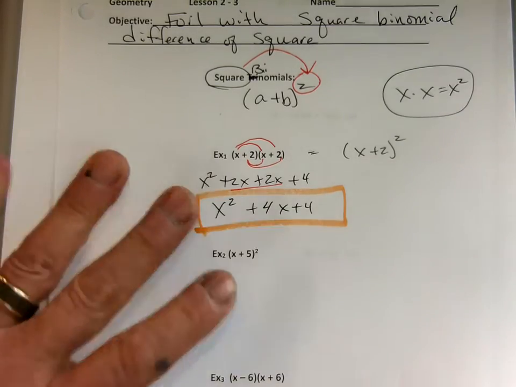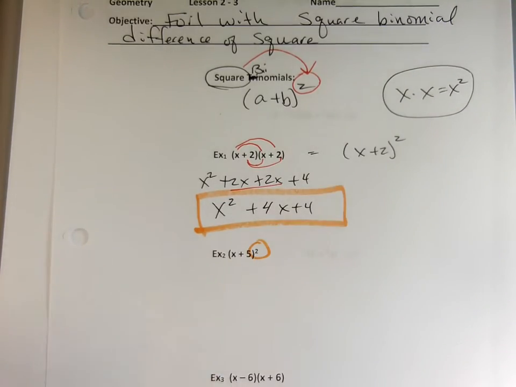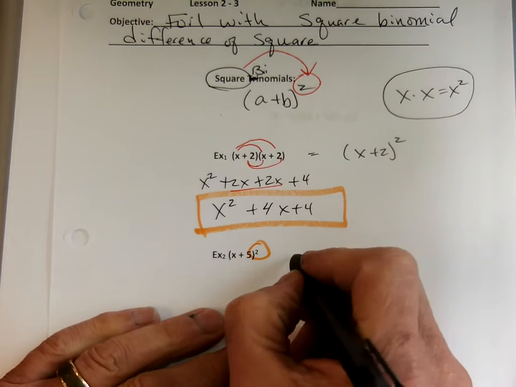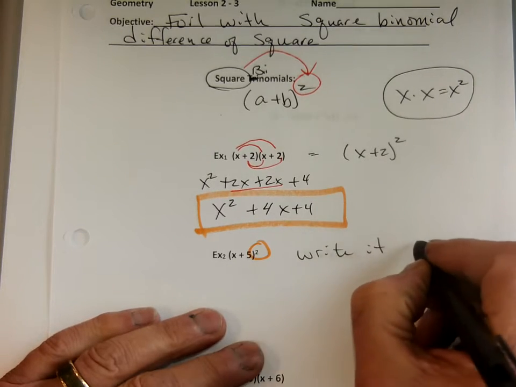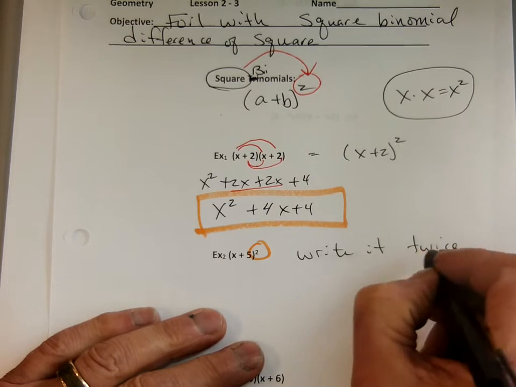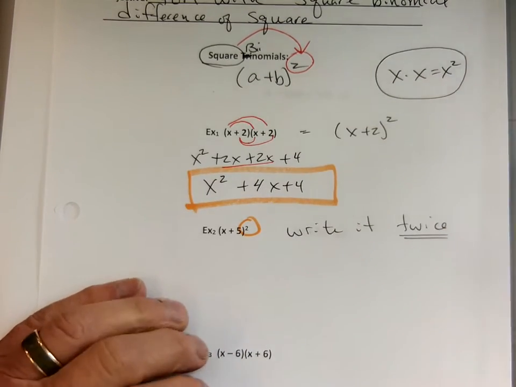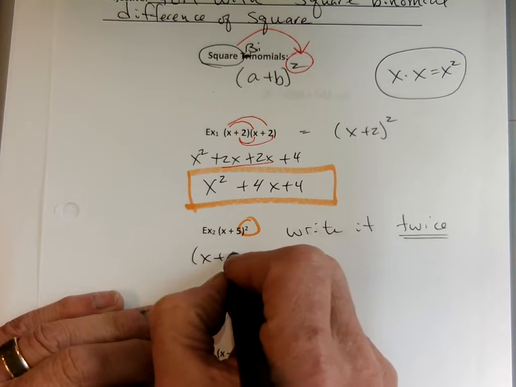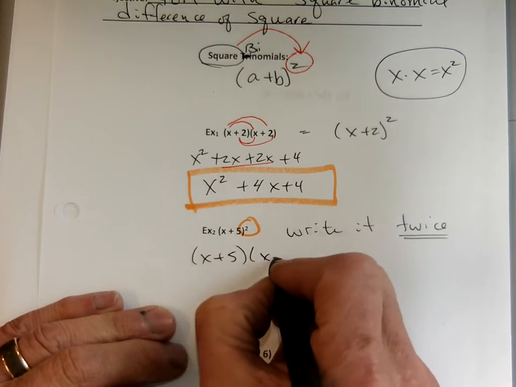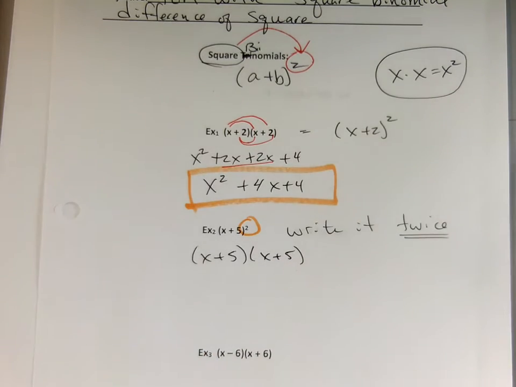Now number 2, same way. Because of the quantity squared, we're going to write it twice. I will rewrite it: x plus 5 times another x plus 5, because it really means x plus 5 times x plus 5, quantity squared, right?